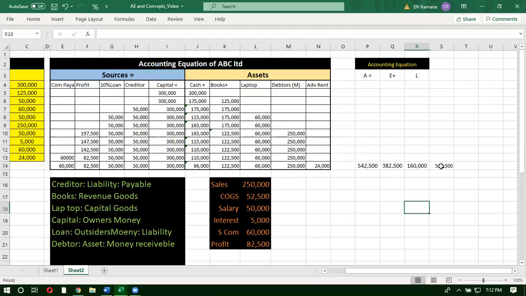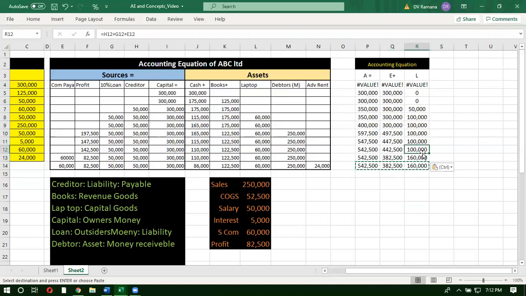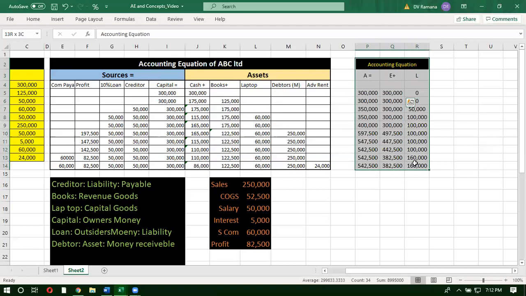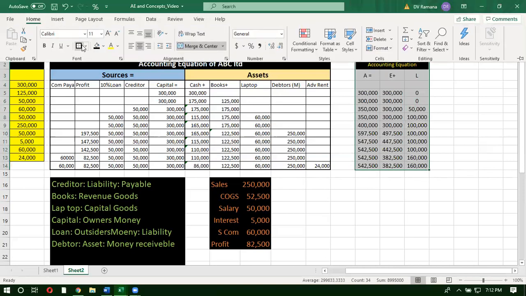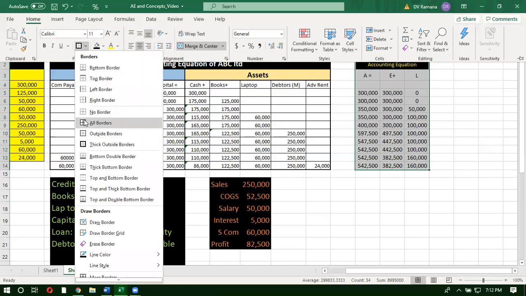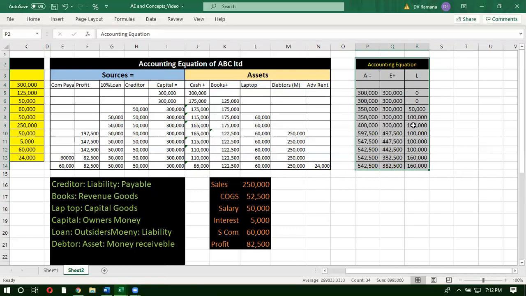So therefore, at any point of time, A will be equal to E plus L, right? But the details of the equation, details of L, details of A, details of sources can also be shown.